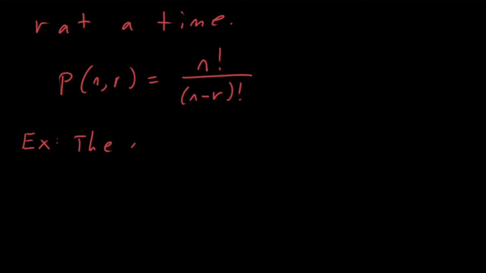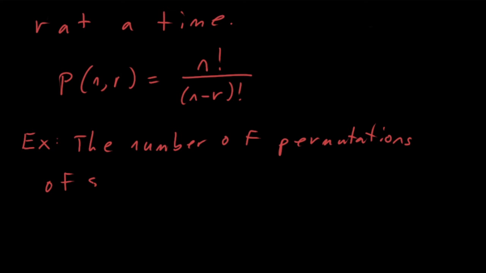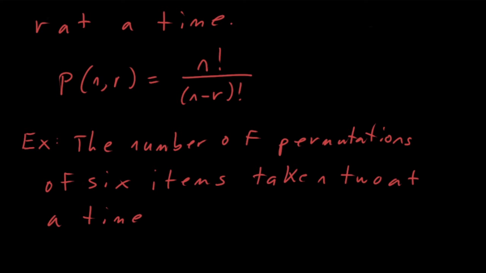The number of permutations of 6 items taken 2 at a time is this.